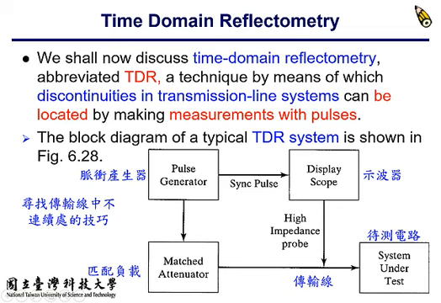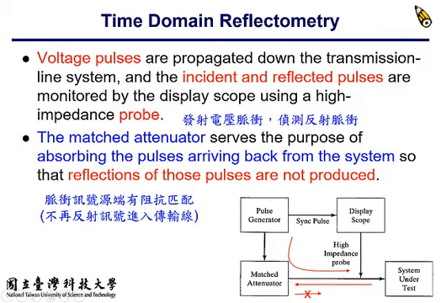What is the purpose of this component? This component is meant to absorb the reflected energy so that you won't make the circuit more complicated. All the reflected energy will be absorbed by the match attenuator so that it will not go back into the transmission line. Okay, so here's the basic component of the TDR system.